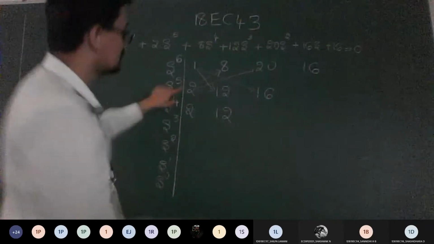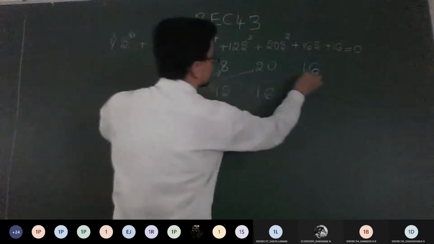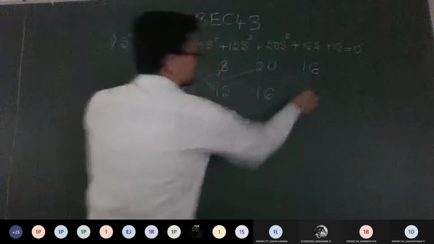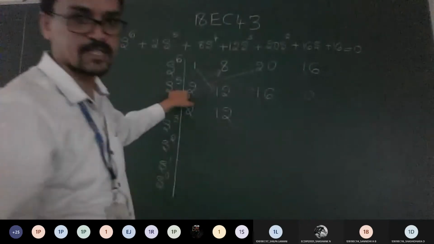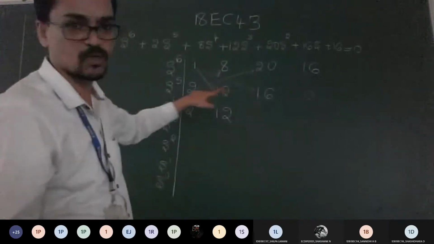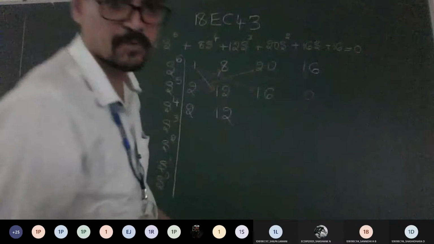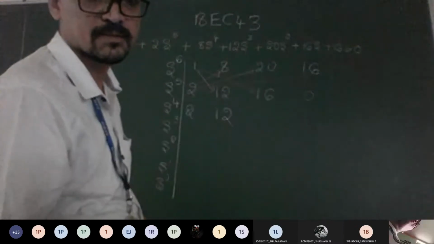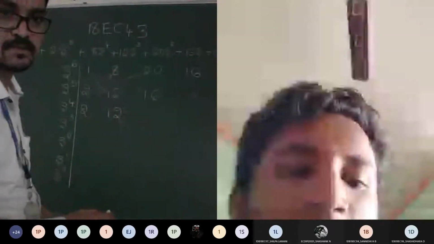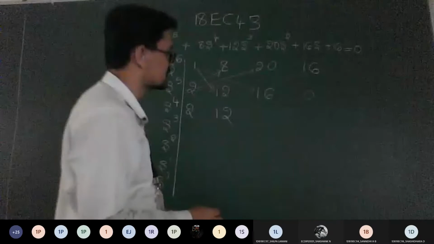Next, the last one: 2 into 16, and since nothing is there we can add 0, so 2 into 16 minus 1 into 0, which is 0 only, divided by 2. What's the answer here? 16. Is it 16? Yes, 16, sir.